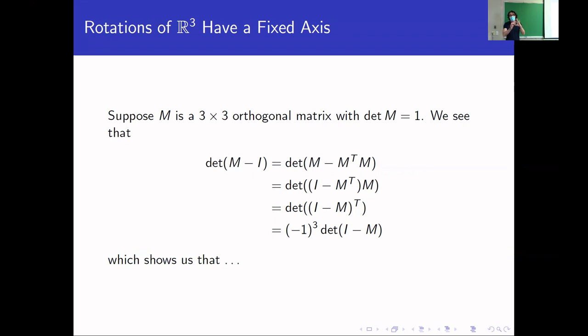So instead of talking about the plane where we talk about the unit circle, this is like the unit circle. It's the unit sphere, centered at the origin. Certainly if you keep the North Pole and South Pole fixed and you rotate that way, then you have a fixed axis going through the North and South poles.